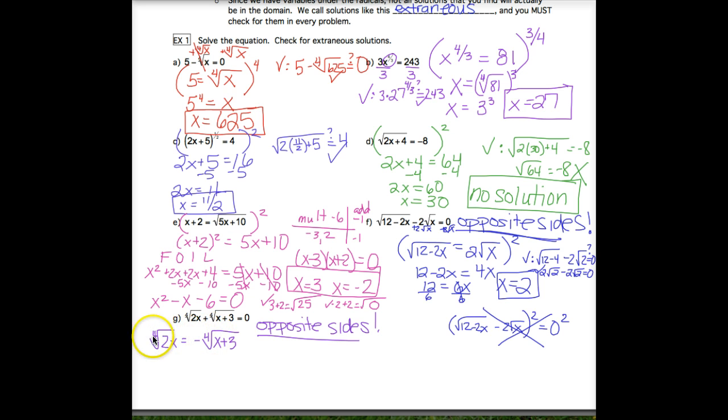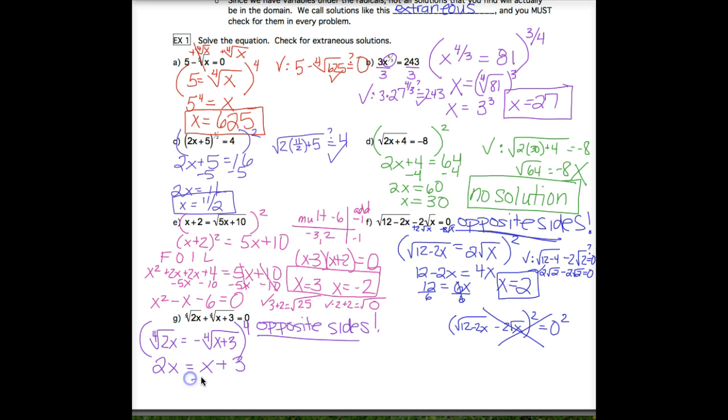Notice they have the same radicals. So the appropriate power for a 4th root is a 4th power. So on the left, 4th root and the 4th power cancel out. I've got 2x. Over on the right side, don't forget this negative 1 in front. Negative 1 to the 4th power is positive 1. So this is going to become positive over here. With this part, the 4th root and the 4th cancel out. So I've just got positive 1 times x plus 3, which is just x plus 3.